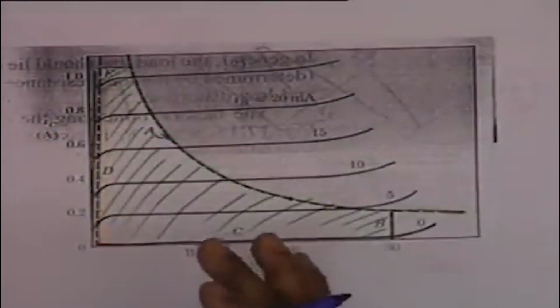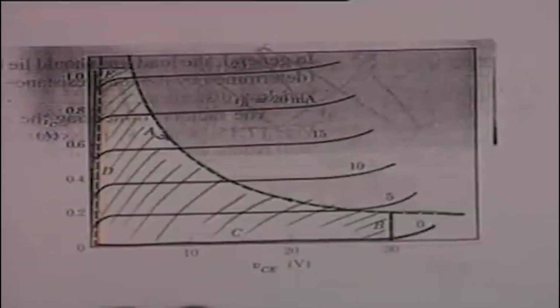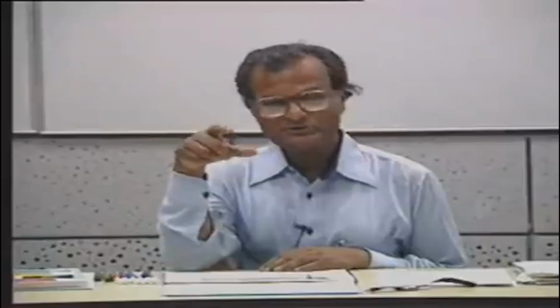Now there are other fences in this consideration, and one of them is the maximum voltage between the collector and the emitter. You know that if the collector base junction is reverse biased, and therefore if you go on increasing VCB, which also increases VCE, am I making sense?